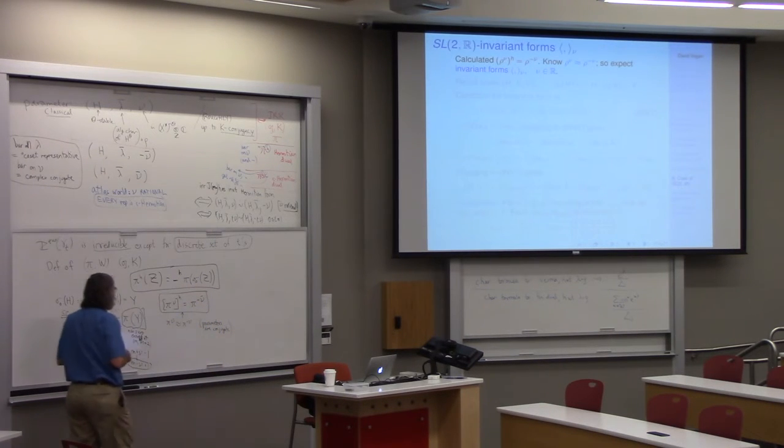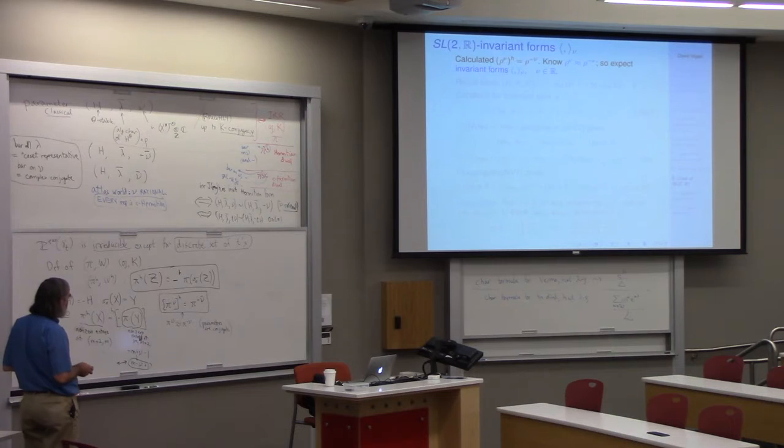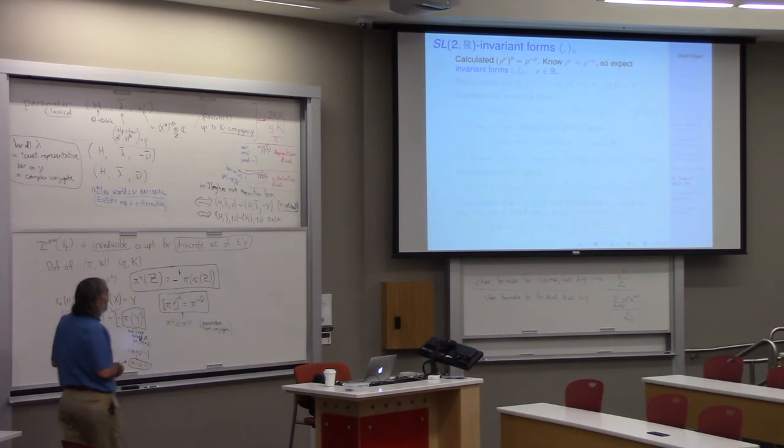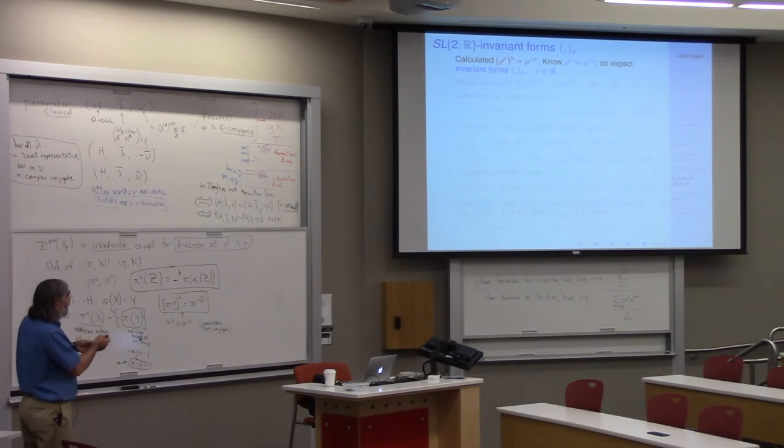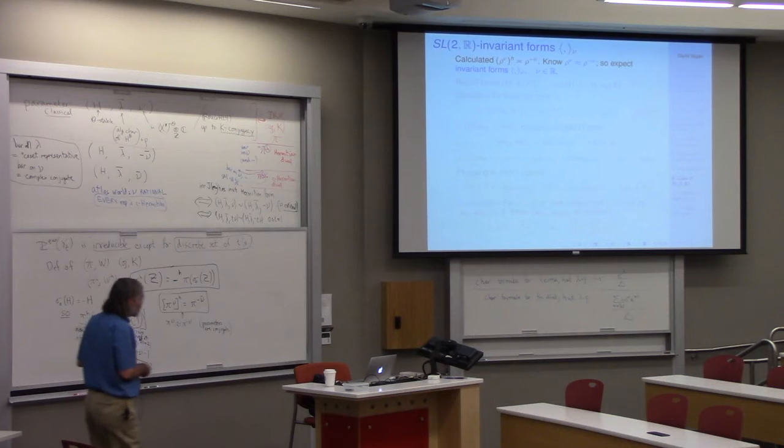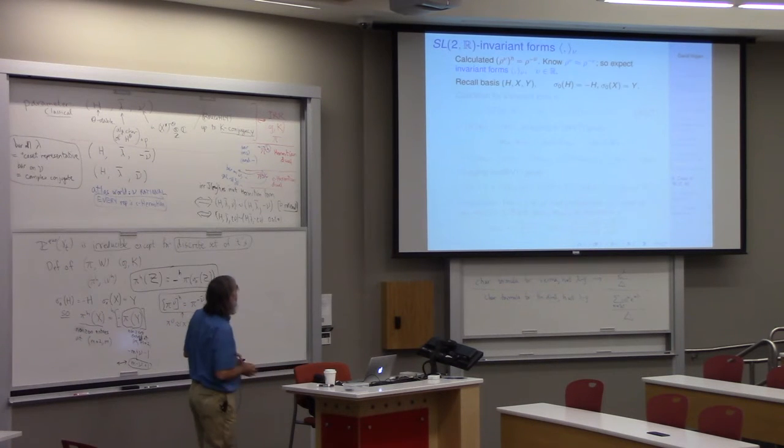Those parameters are actually conjugate, so usually the representations are the same, and so we expect to get invariant forms. So I want to understand those invariant forms.